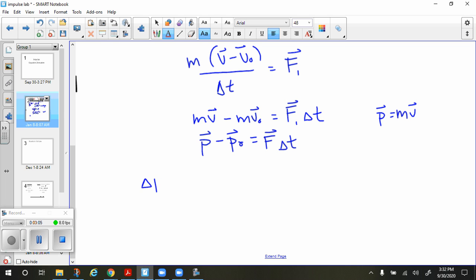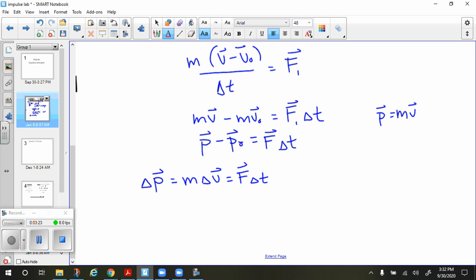So delta p, which is change in momentum, is equal to mass times change in velocity, which is what we have up here. And that's equal to force times change in time.